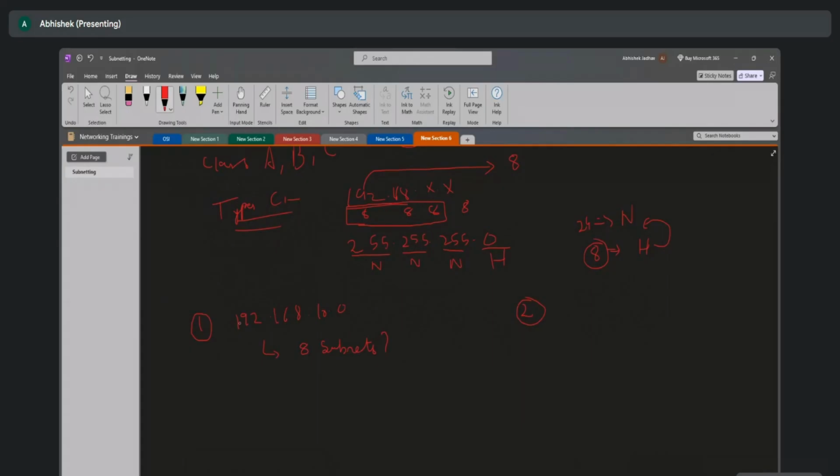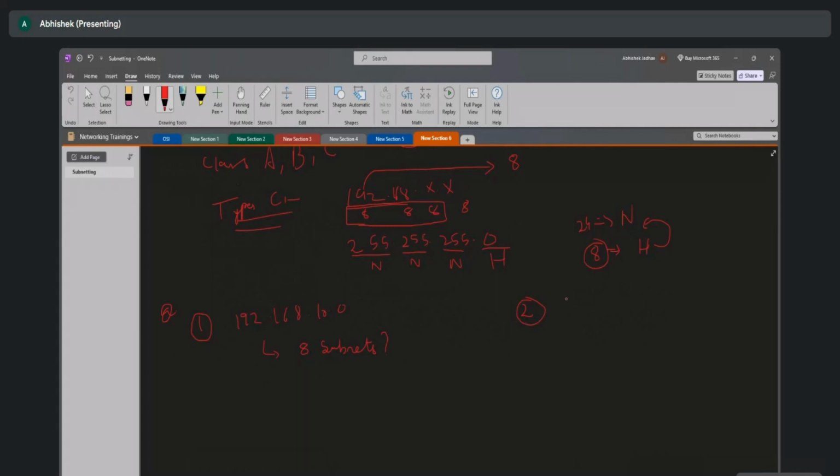Create 8 subnets from this IP address and give it to me. That is what I am asking you to create. This is the number one type of question. Not only a question, this also is valid in your day-to-day networking infra. That's the number one thing you might have challenges with.